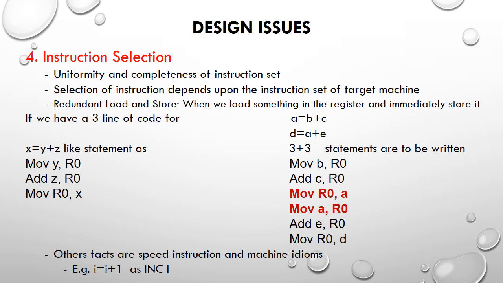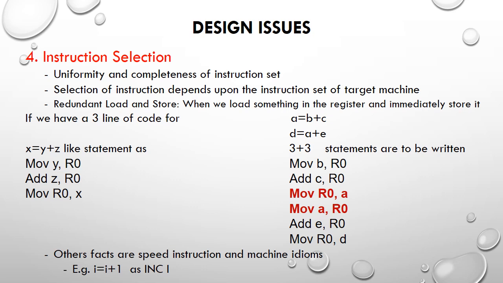So this is a redundant load and store, meaning that we have transferred something to a memory location, and immediately in the next instruction we are taking that value from the memory location back to the register. So this is actually not required. We will remove these 2 statements, and then we will remain with only 4 statements. Every black colored instruction on the right hand side is kept, and the red colored instructions will be eliminated.